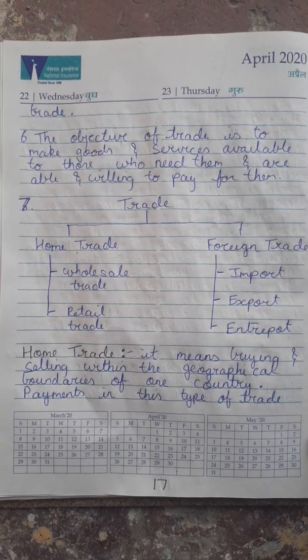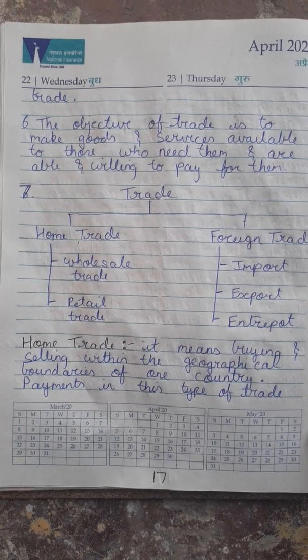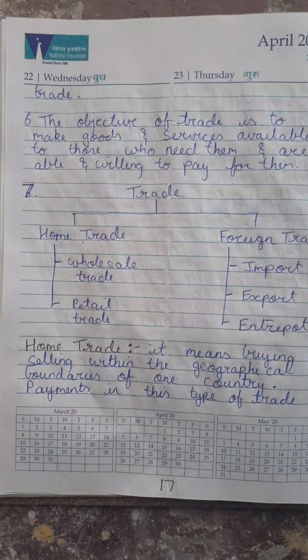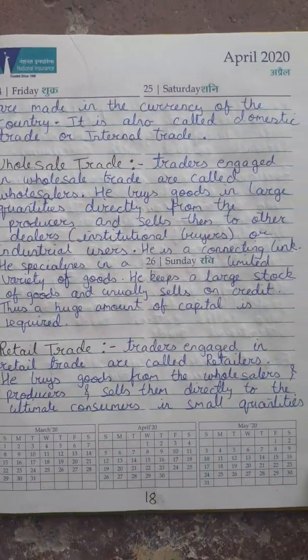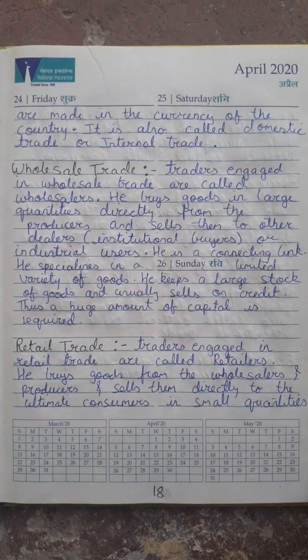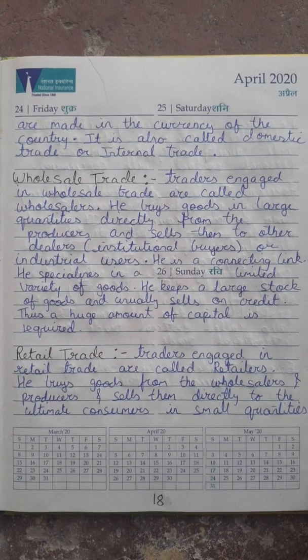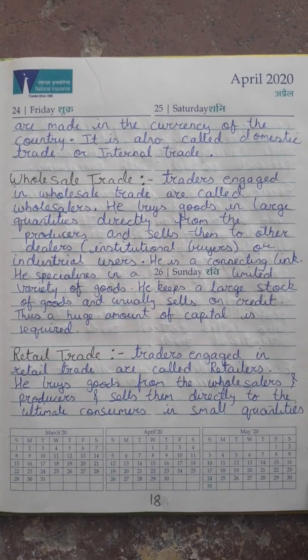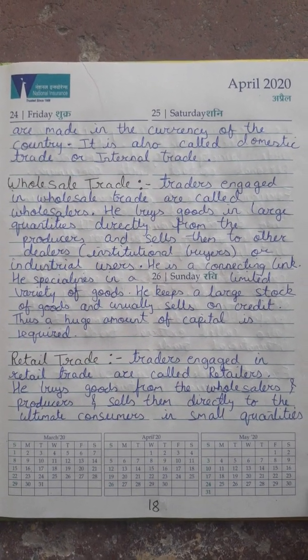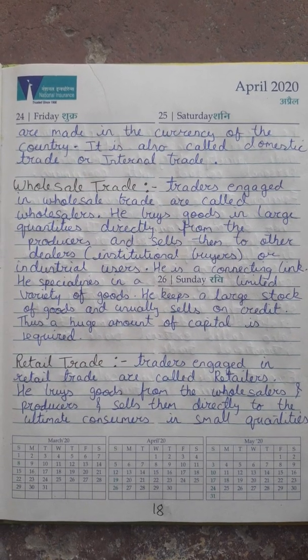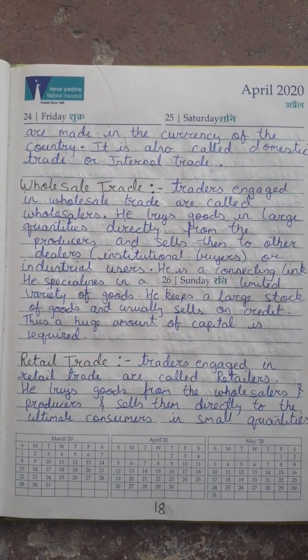That is called home trade. Payment in this type of trade are made in the currency of the country. Home trade is also called domestic trade and or internal trade.